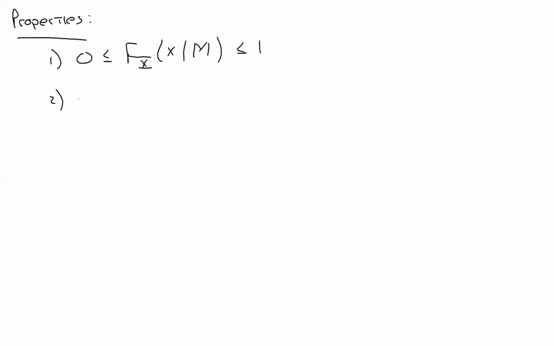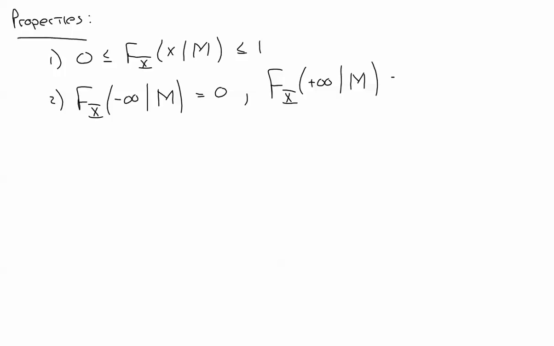Second property is the cumulative distribution function evaluated at minus infinity is 0, and the cumulative distribution function evaluated at plus infinity equals 1. Third property, this thing is always non-decreasing.